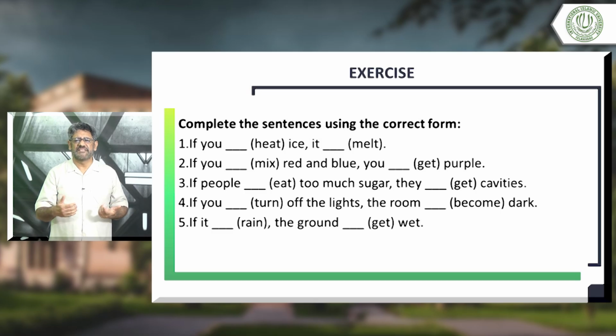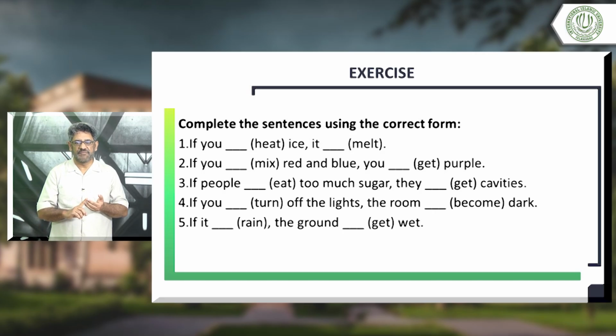Do some exercises, please. Exercise: complete the sentences using the correct form. If you heat ice, it melts. We did this. Then, if you mix red and blue, you get or got? You get. Use the present simple.